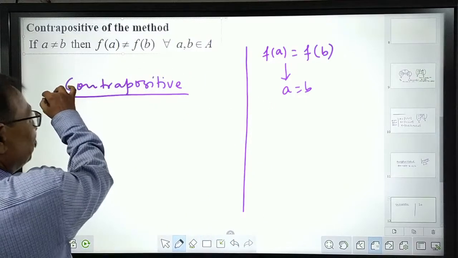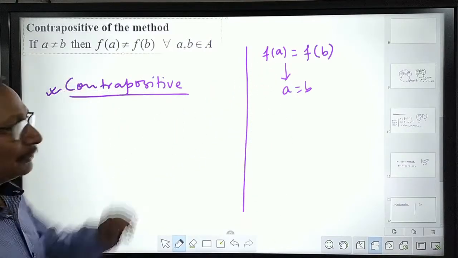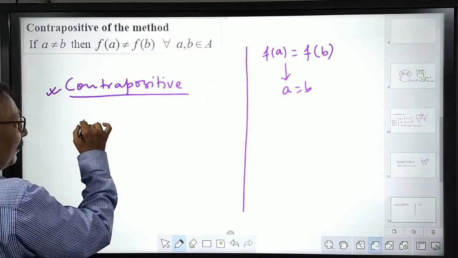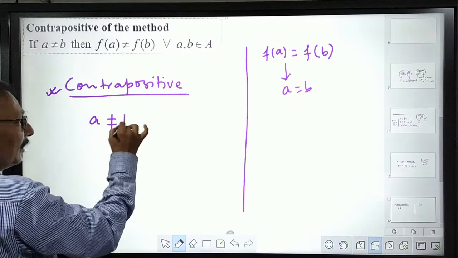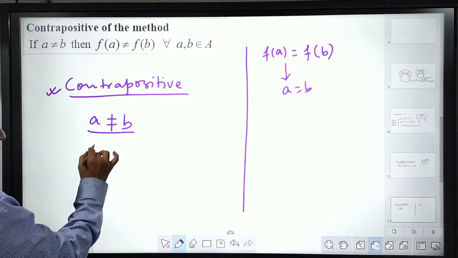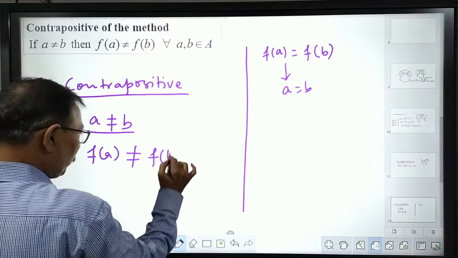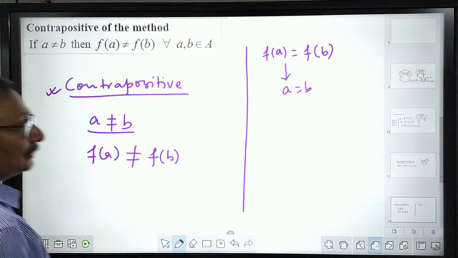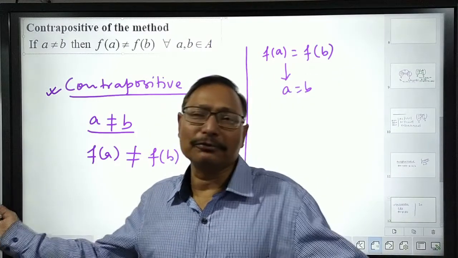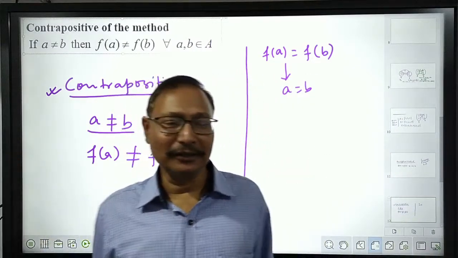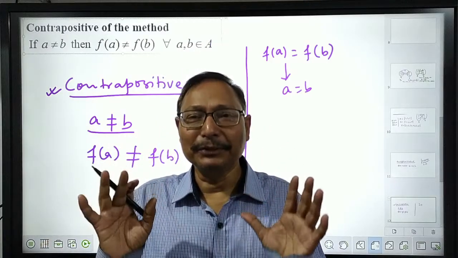This contrapositive is again a negative part of that one. We are having here that if A and B are not equal and their images are also not equal, then we say that no two different elements are having the same image.